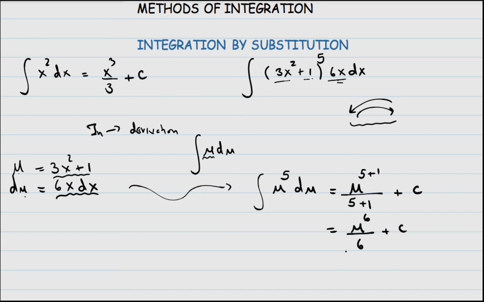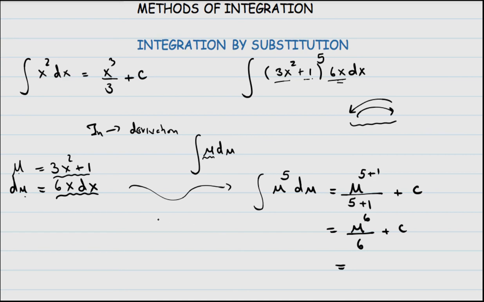Fine. But we know that in this original problem, it's not with regard to u. It's not considering u as a variable. It's considering x as a variable. So we have to replace with the equivalent expression. Wherever we have u, replace it by the value of u, and du with the corresponding value.